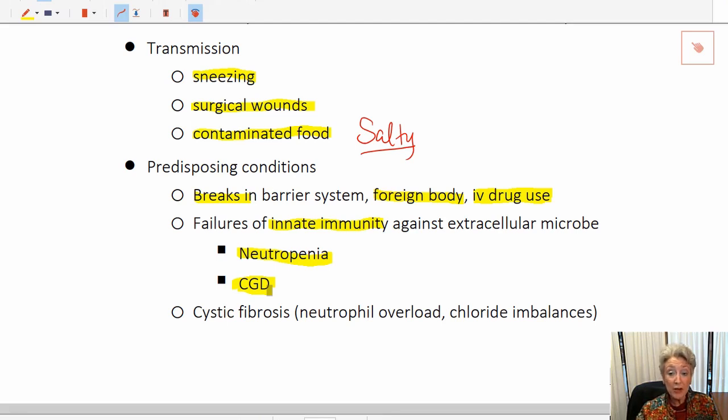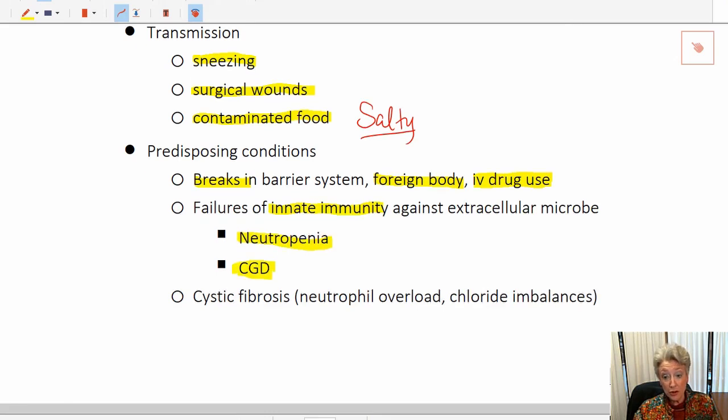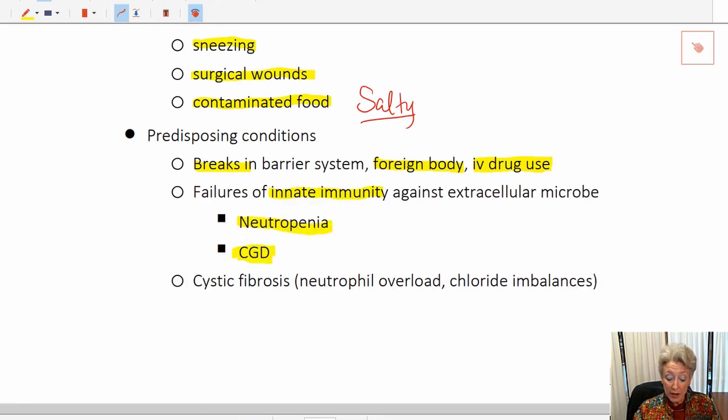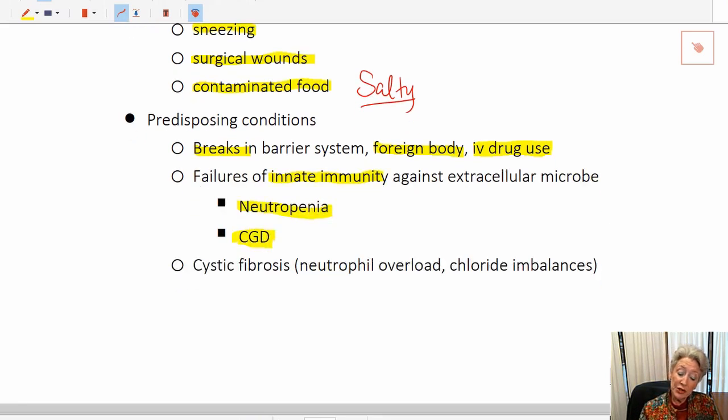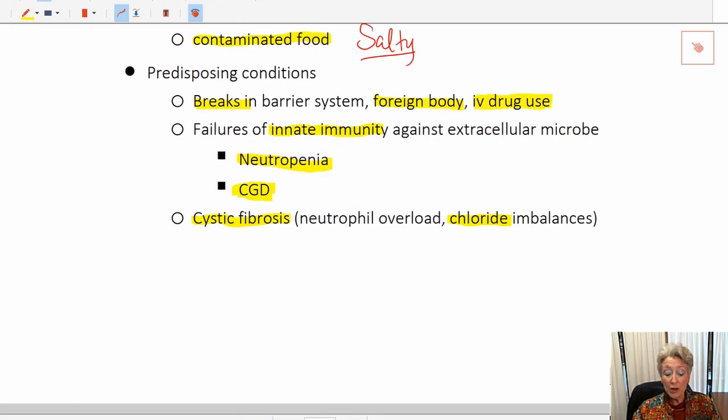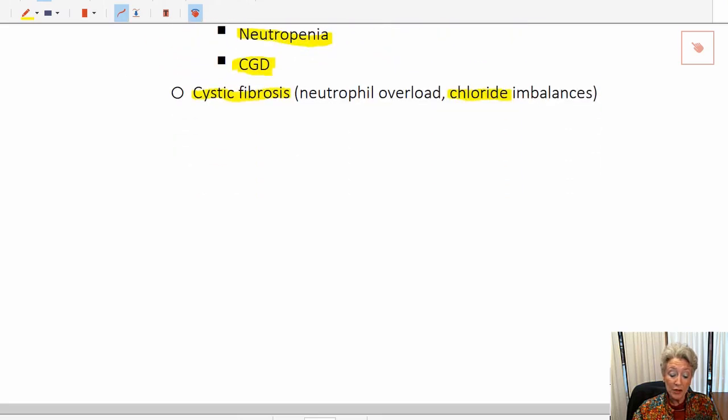So my CGD patients would be at risk because of the fact that with a catalase positive organism, both of my oxygen-dependent killing mechanisms intracellularly are impaired. Cystic fibrosis patients, again, notice my chloride imbalances in this case. On the skin tends to have these organisms grow more happily on those patients.